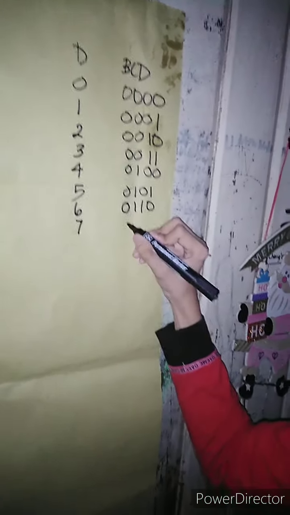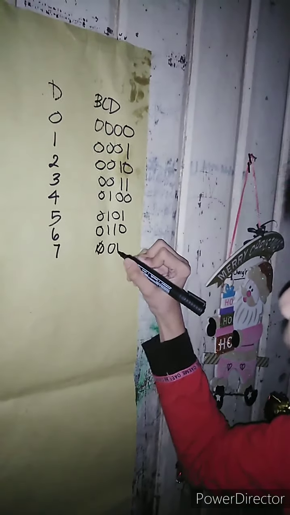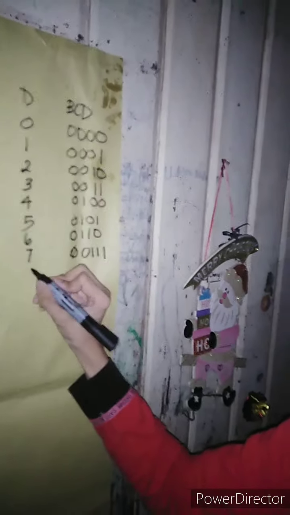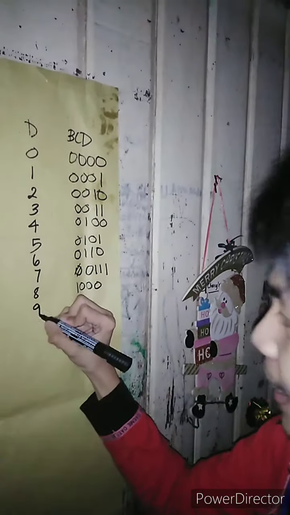For 7, we have 0, 1, 1, 1. For 8, we have 1, 0, 0, 0. And for 9, we have 1, 0, 0, 1.